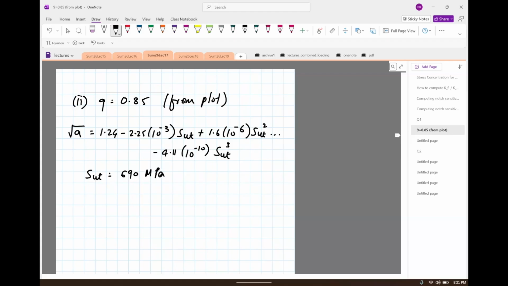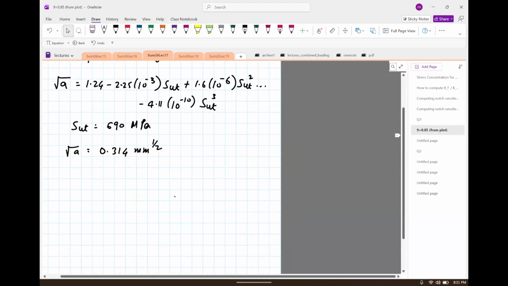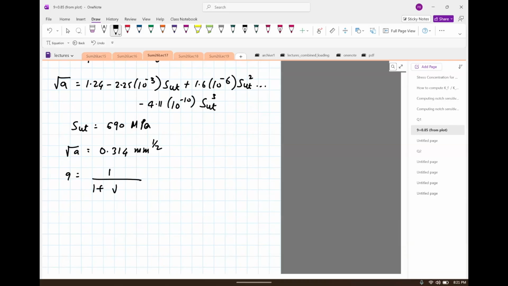Putting in this value, we get the square root of A as 0.314 mm raised to half, because A has a dimension of mm. Then Q is 1 divided by 1 plus the square root of A divided by the square root of R. The square root of A is already given, so it's 0.31.